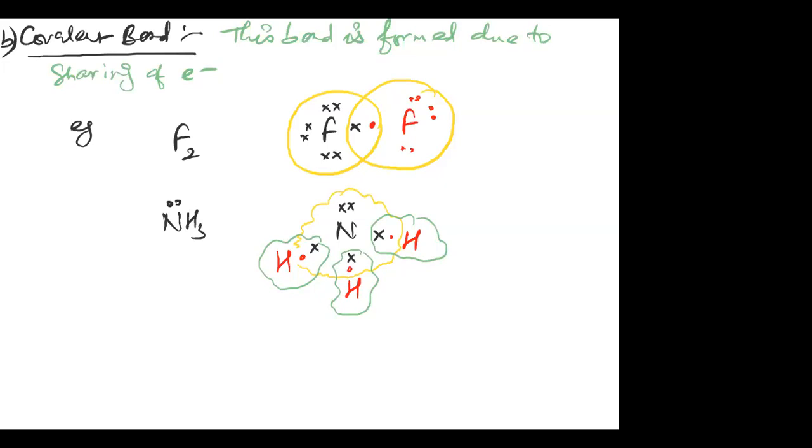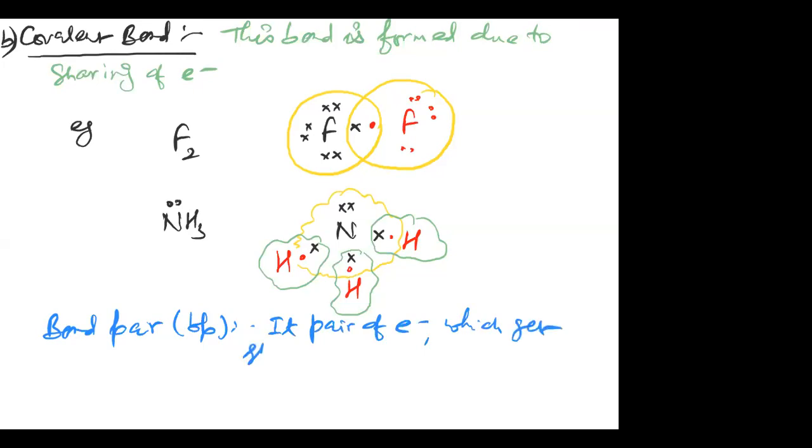So we have some concepts here, including bond pair and lone pair of electrons. Bond pair, let's say BP, means a pair of electrons which get shared between two bonded atoms.